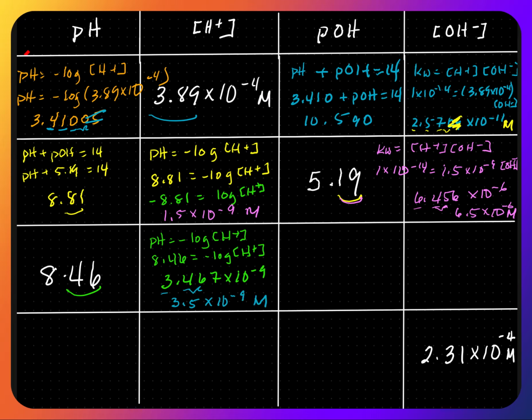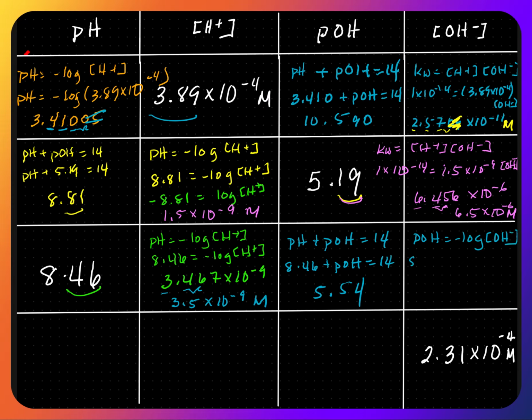To find pOH, the easiest way to do this is pH plus pOH is equal to 14. That's going to be 8.46 plus pOH equals 14, 5.54. To find OH minus, we could use pOH. This is going to be negative log of OH minus.